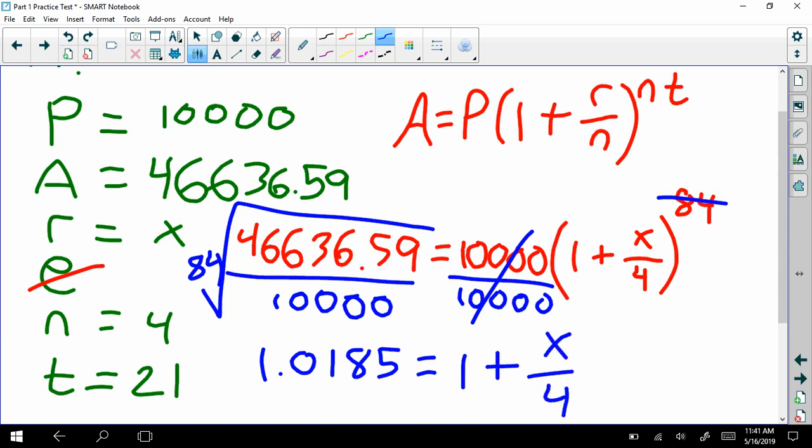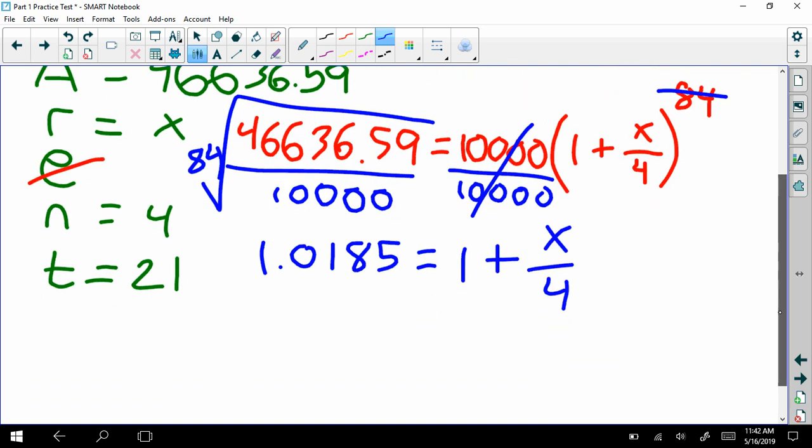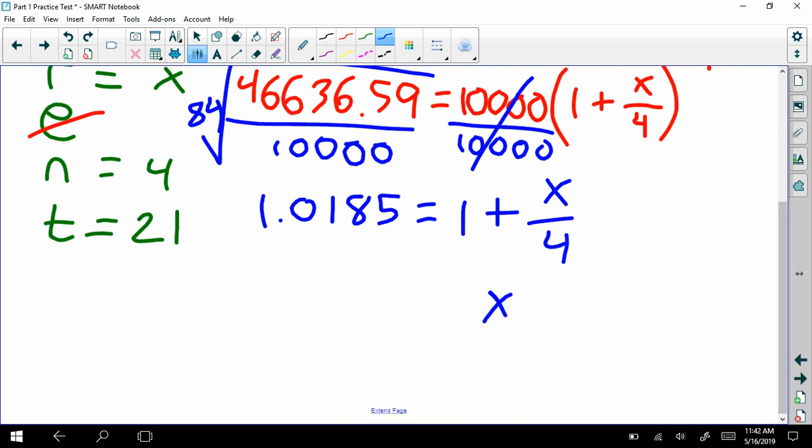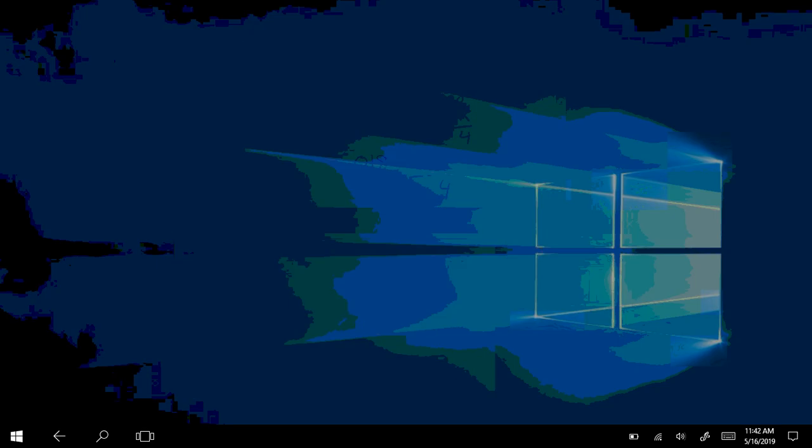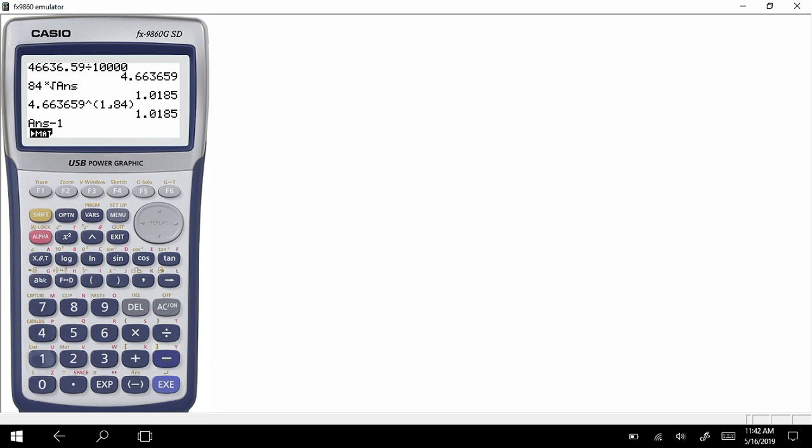We're just trying to solve for x. So our next step is subtract 1, and then our final step would be multiply by 4. Subtracting 1 just gets rid of that 1. So it's 0.0185. And your last step is multiply by 4. So minus 1, and then multiply it by 4.